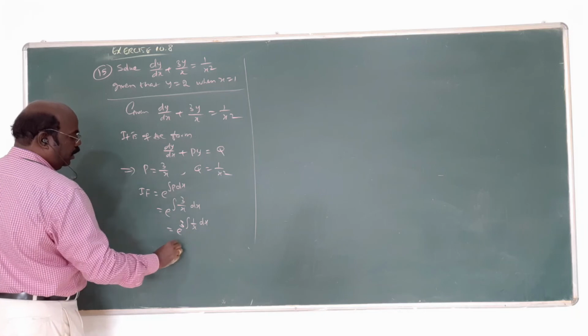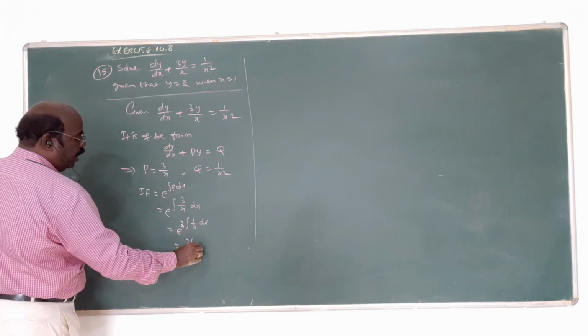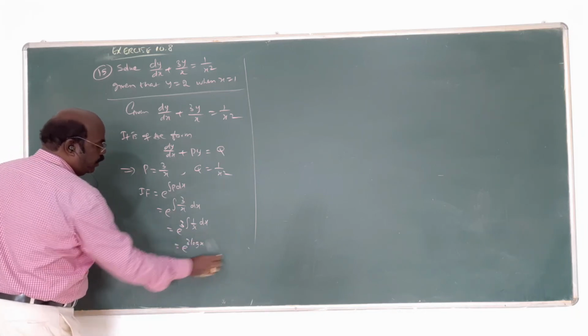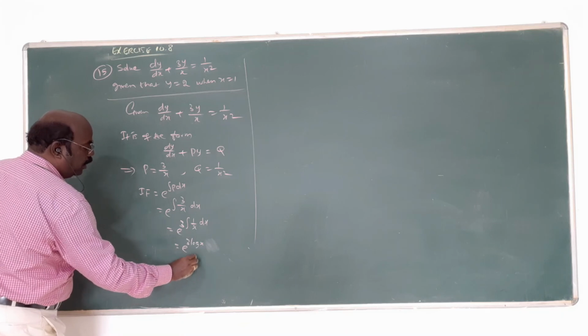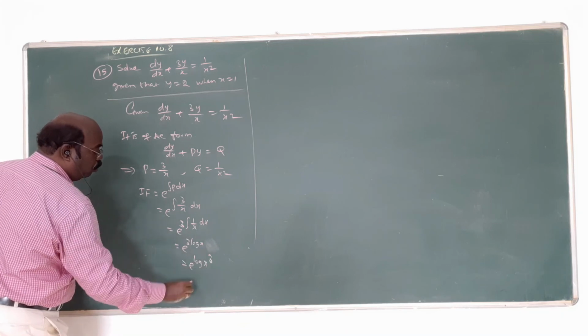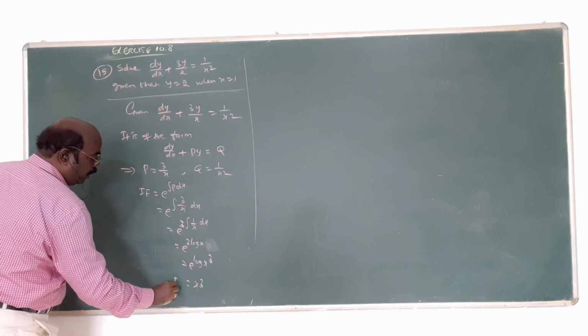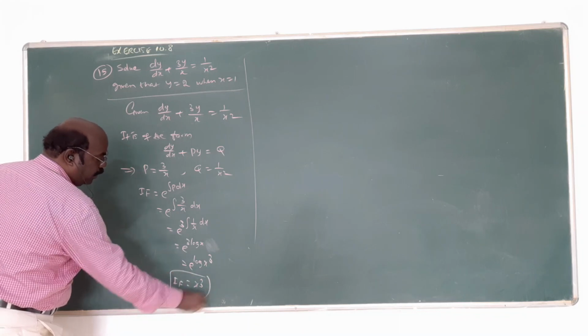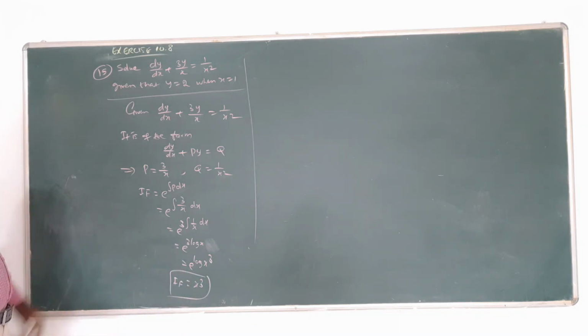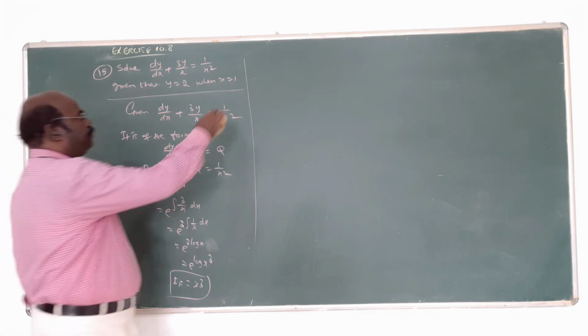This is equal to e power 3 log x. Okay? e power log x cube. The result is x cube. Here e and log will be cancelled. Now write the solution.